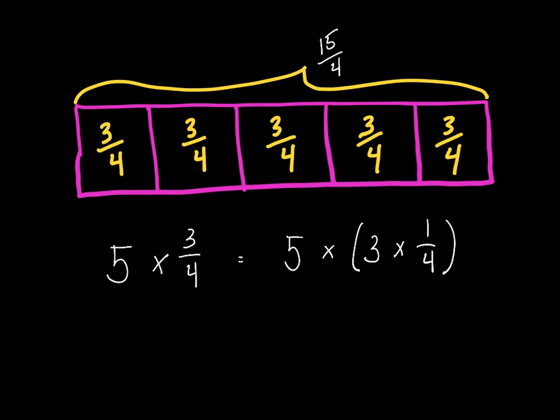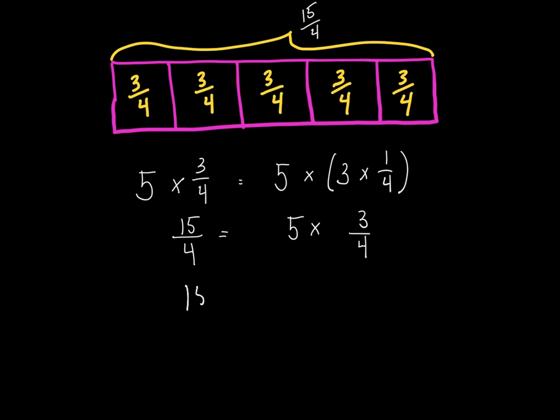And it's still going to give us the same. 5 times 3 is 15, and the denominator stays the same. 3 times 1/4, that would be 3/4. But multiplying it by the 5 is going to give us 15/4.